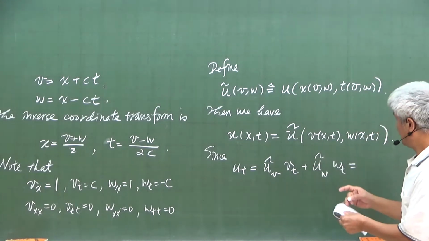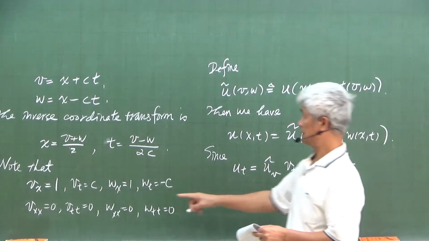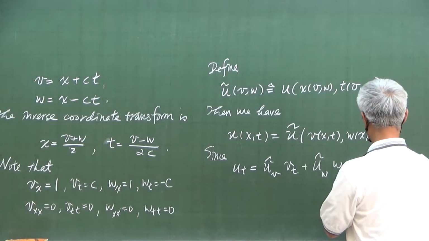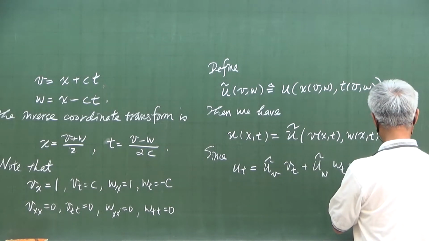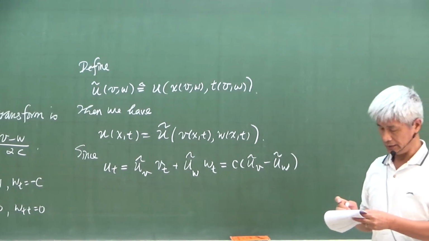And we know what v_t and w_t are, so we have c times (u tilde_v minus u tilde_w). Okay, so we can write it down.